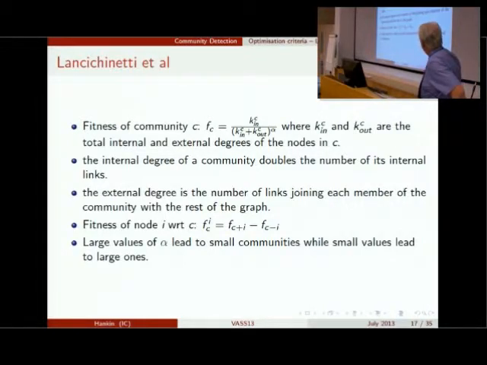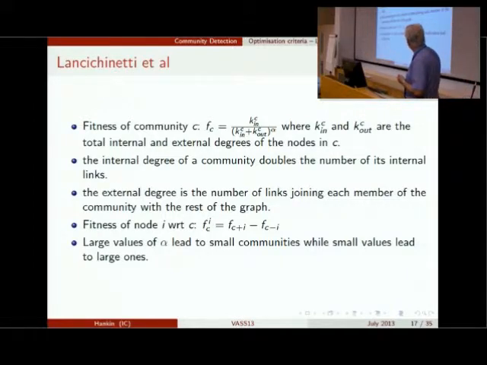And then if we look at the process of adding a node to a community, we want to know what impact that will have on the fitness of the community that we're intending to add the node to. And we can compute that very simply like this. So this is the fitness of adding I to community C is the fitness of C where I has been added. So adding I will add a certain number of links to the internal links within the community.